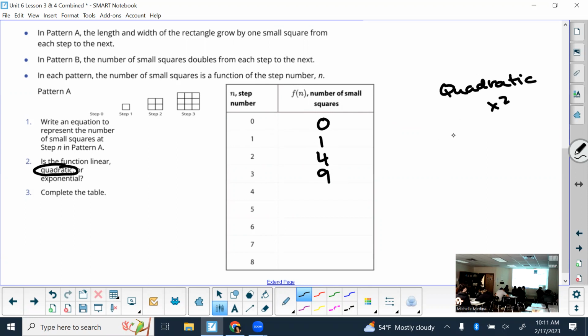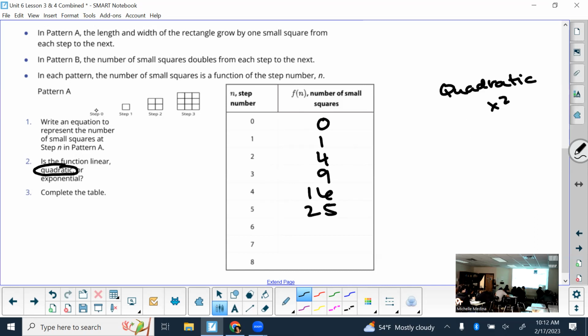And then I think Brianna, it was you that brought up a good point. It's not adding each time, it's not multiplying each time, so it's clearly probably quadratic, the other option. Okay, so when we continue this pattern, what's the number of squares for 4 going to be? For 5?